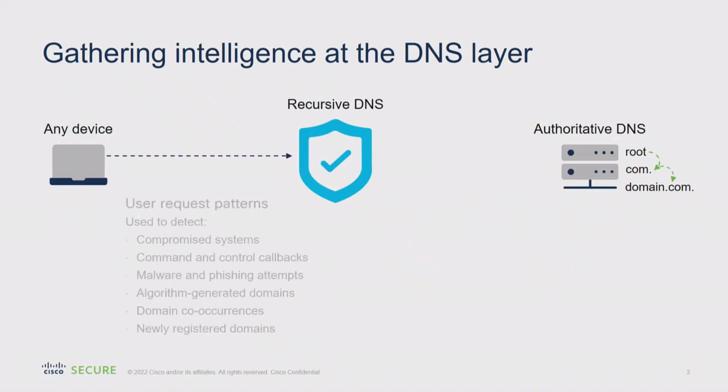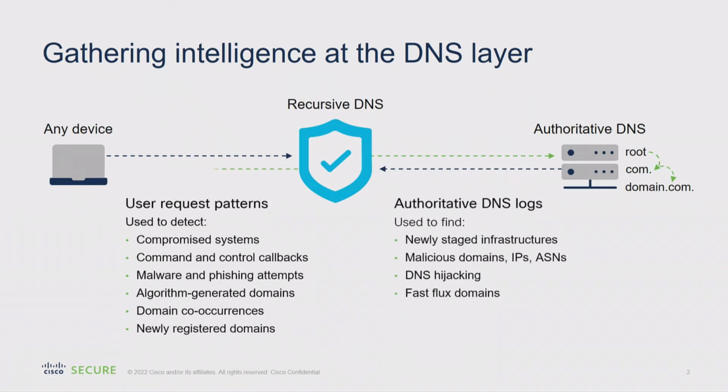So to start, we want to talk about data gathering. In this example, the perfect place to collect data is within the recursive DNS. With the recursive DNS, we will work with two data sets. One will be coming from our users, sending queries to the recursive DNS server, and the second one will be from upstream authoritative servers.